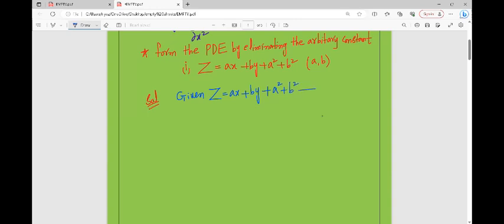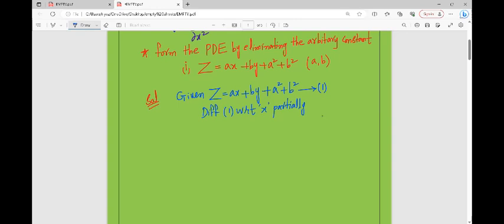Now take it as equation number 1. Now we have to differentiate this equation number 1 partially with respect to x.